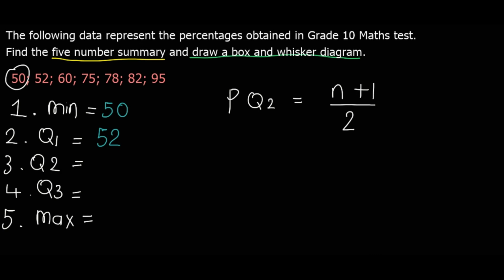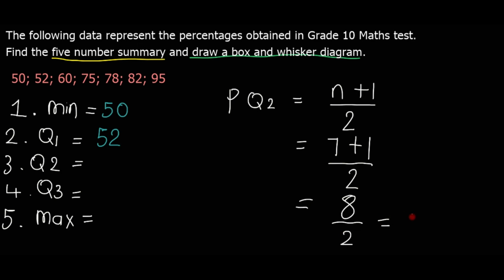So re la gore n it's 7, so re na le 7 plus 1 divide by 2, and then 7 plus 1 ke 8, and then 8 divide by 2 ke 4. So re la re Q2 ya rena re go kry-a in position 4. So this is position 1, position 2, position 3, and then position 4 re na le 75. So it means our Q2 ke 75.